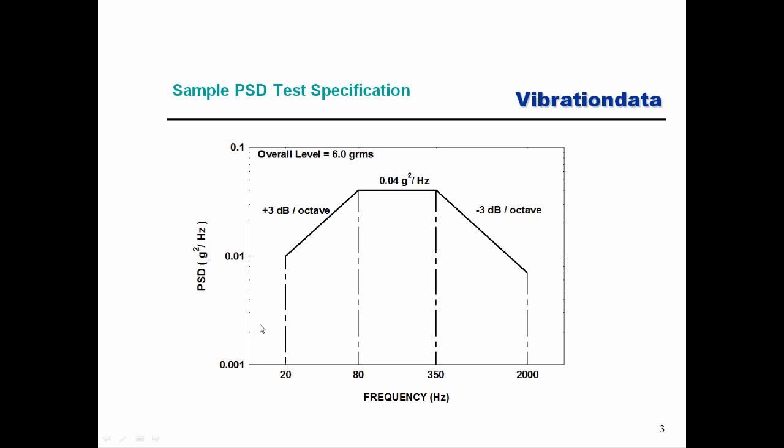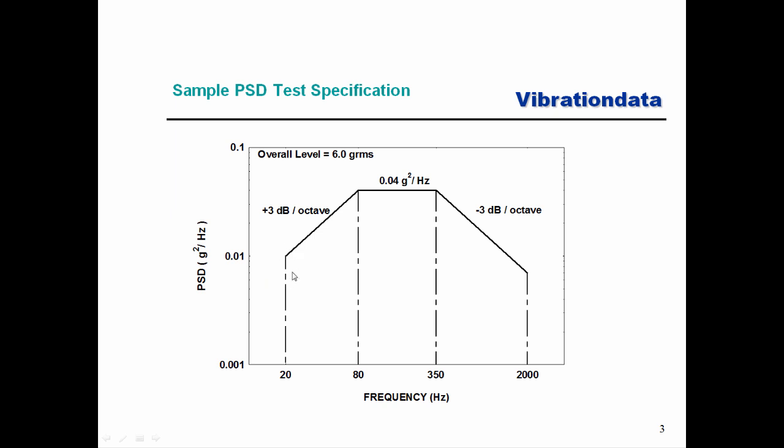Transportation levels, for example, for equipment that has to be shipped in a semi-trailer, possibly over rough roads. So for those mil standard 810 types of power spectral density specifications, some of those do go down to 5 hertz or so. But we always have to be concerned that there's a potential for high displacements at low frequencies.